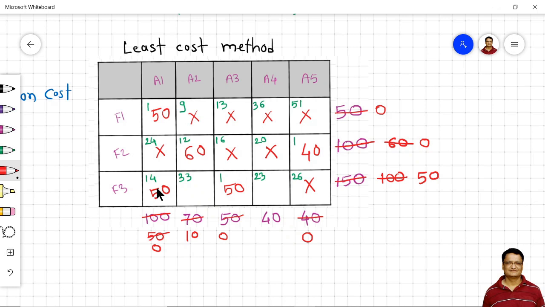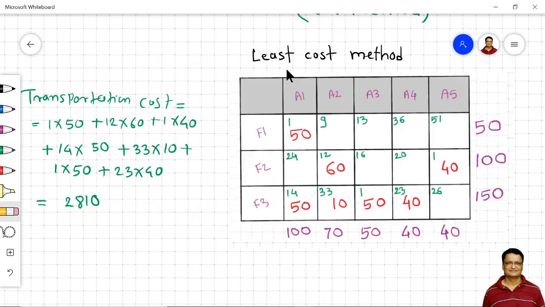Now we don't have many choices over here, and I will allocate 10 units over here and 40 units over here. So this will be reduced to 0, and here I will allocate 40 units, this will be reduced to 0, and this particular supply will be completely exhausted. And here we have made all the allocations.